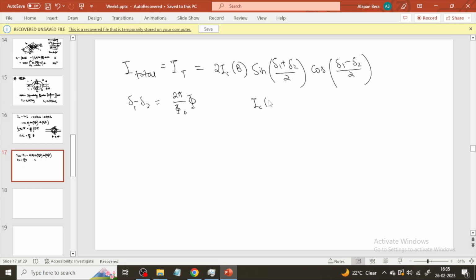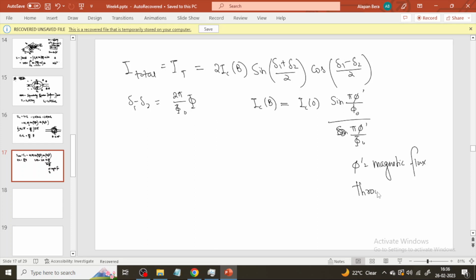We also know from our previous calculation that in the presence of a magnetic field, the critical current of the Josephson junction gets modified like this: I_C0 sine of (pi phi prime by phi naught), divided by phi prime by phi naught, where phi prime is the magnetic flux through the Josephson junctions only, not the SQUID. Remember, this is only through the Josephson junction.